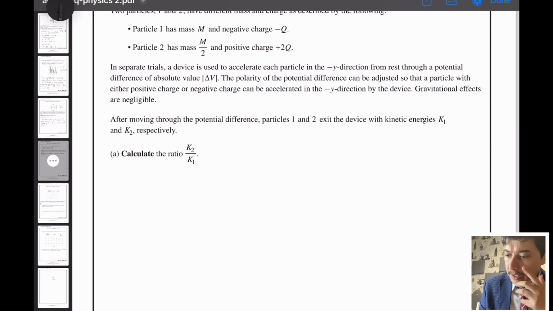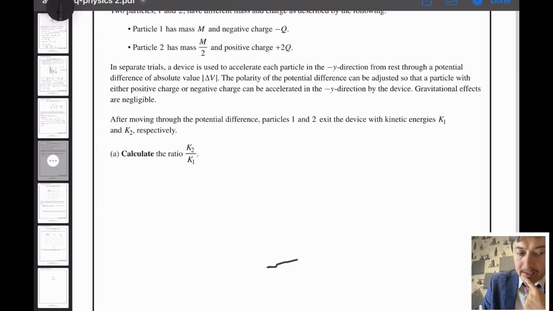Alright, now at the beginning, charged particles are at rest. The charge is interacting with the electric field produced by the potential difference and accelerated. So here, the work done on the charge is resulting as kinetic energy, the work-kinetic energy theorem.